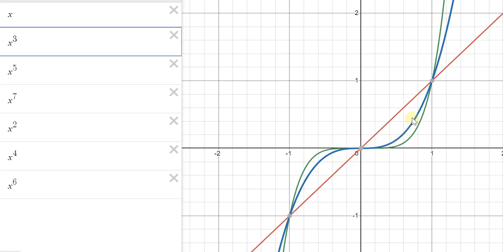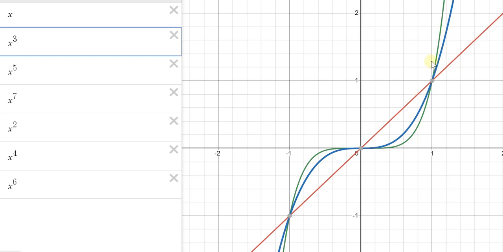So again, the blue is x cubed. It does go through (0, 0), but it doesn't go right through like the line did. It kind of bends, spends a little bit of time in the neighborhood of 0, and then ultimately it will go down in this manner. And notice beyond 1, the blue takes over the red line. This is the red line, y equal x. This is x.